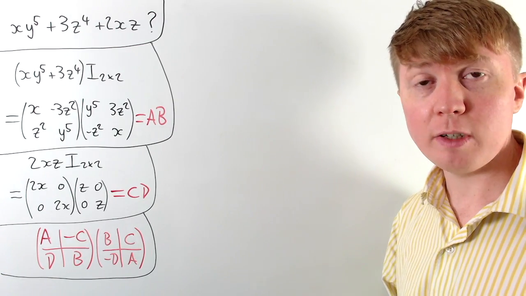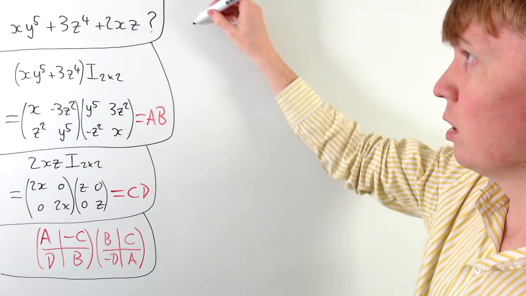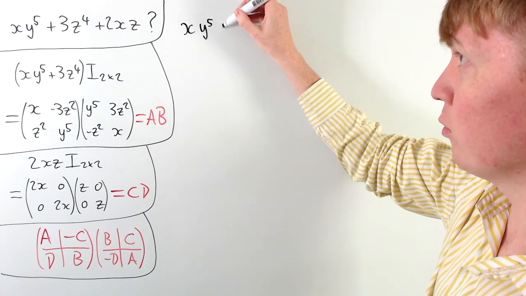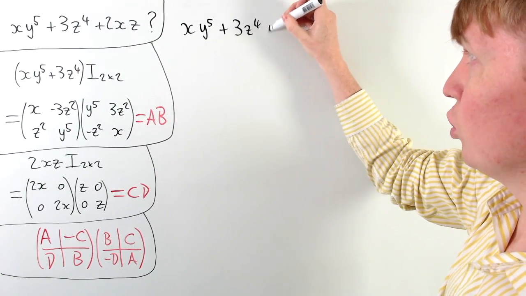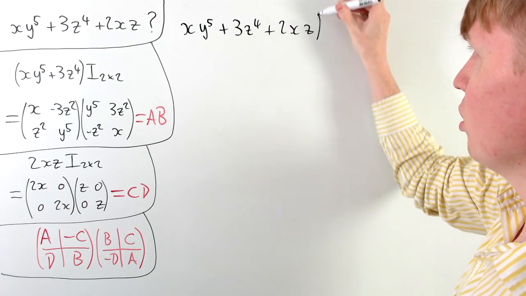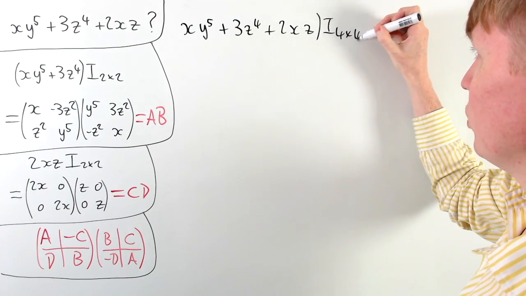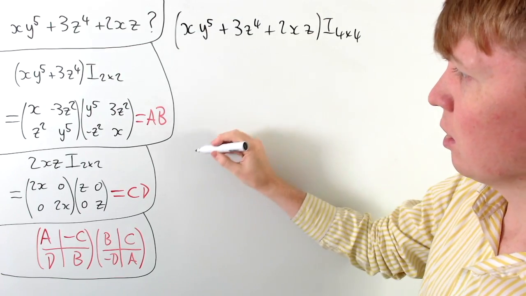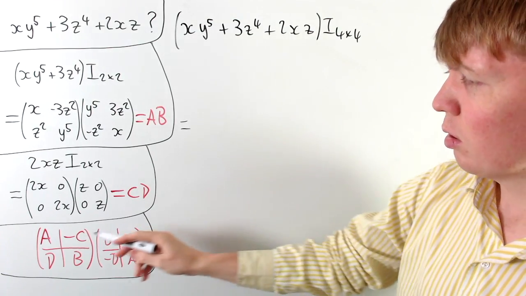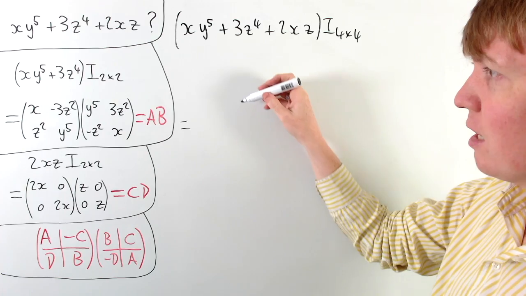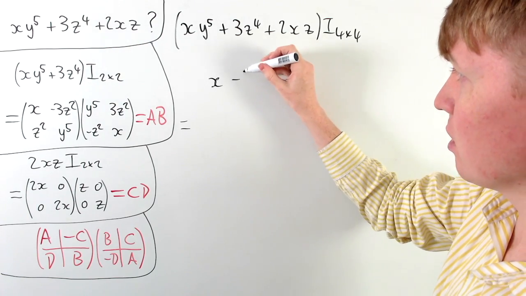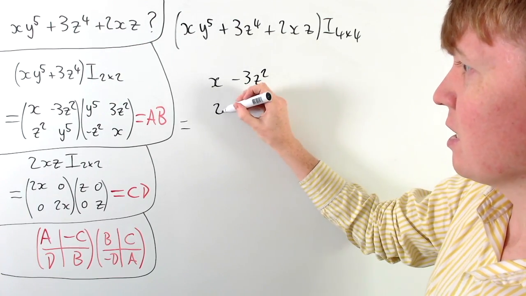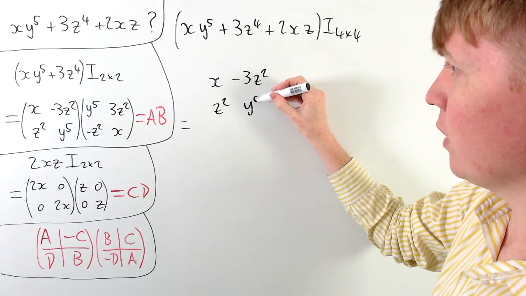And then we can just factorise this exactly like before, so that then x y to the 5 plus 3z to the 4 plus 2xz, all multiplied by the 4x4 identity matrix. This is now going to be equal to, using our block matrices, we'll have a in the top left corner, so our x, negative 3z squared, z squared, y to the 5.